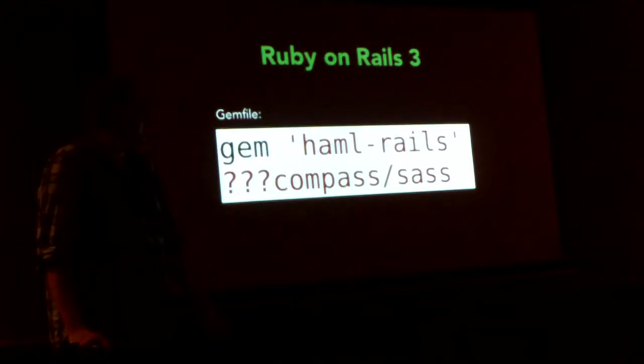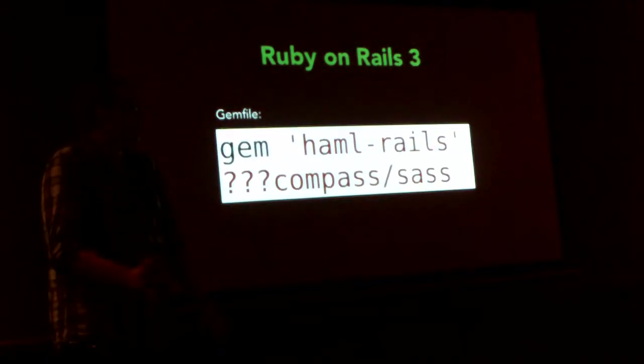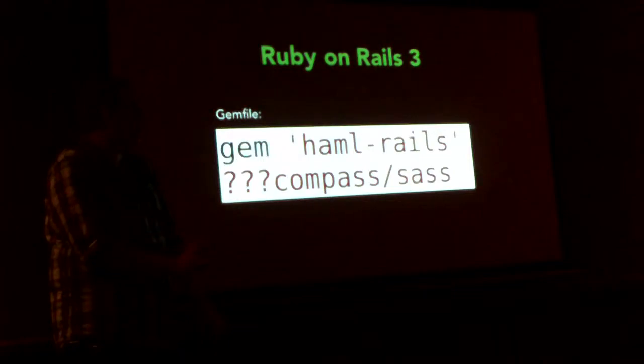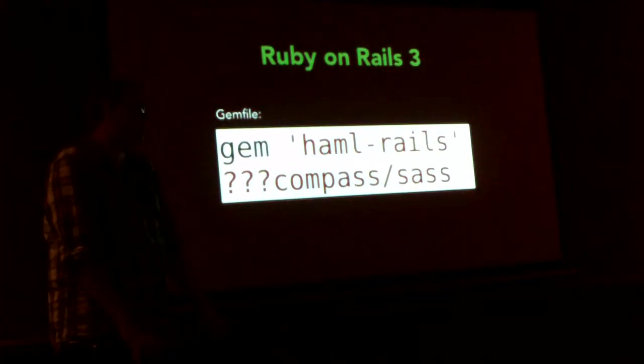Yeah, for a Rails app running in production, the views get cached pretty aggressively. So anything that takes a long time, converting the HAML into HTML strings, gets done once.